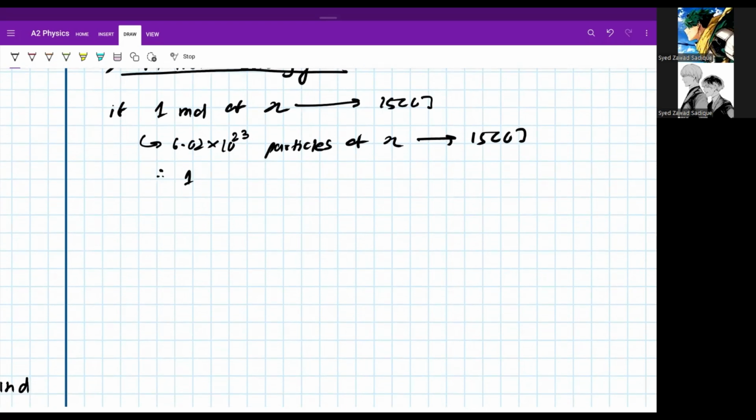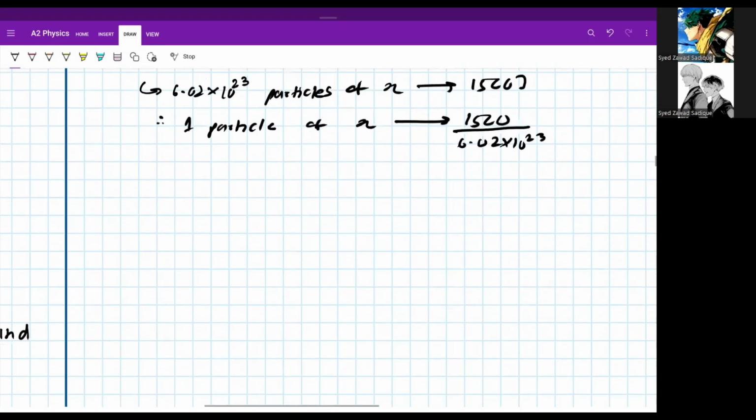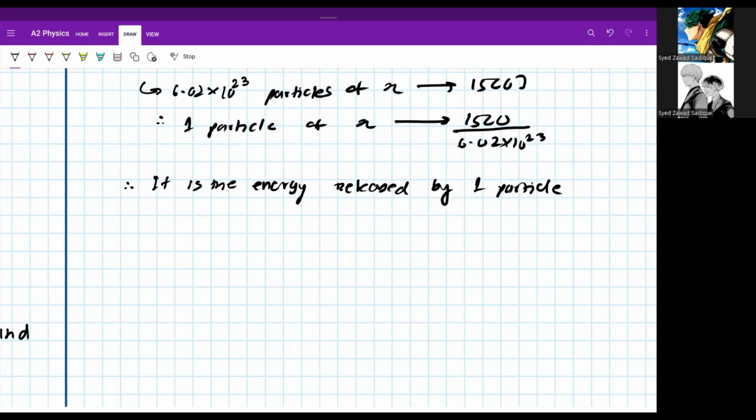Therefore, one particle of X has 1500 divided by 6.02 times 10 to the power 23. Therefore we can say it is the energy released by one particle of an element.